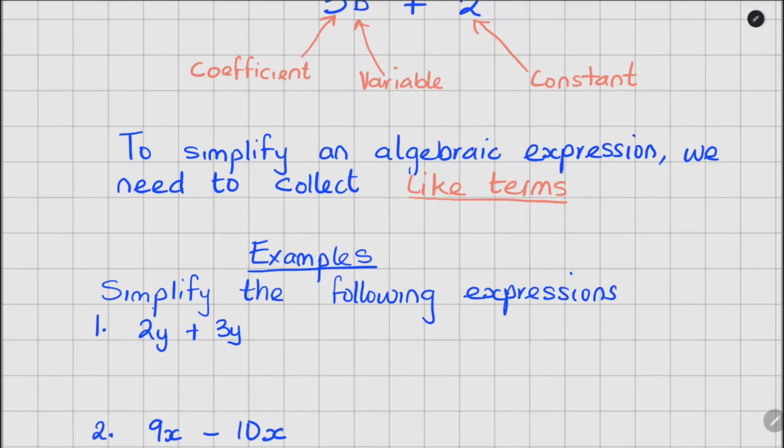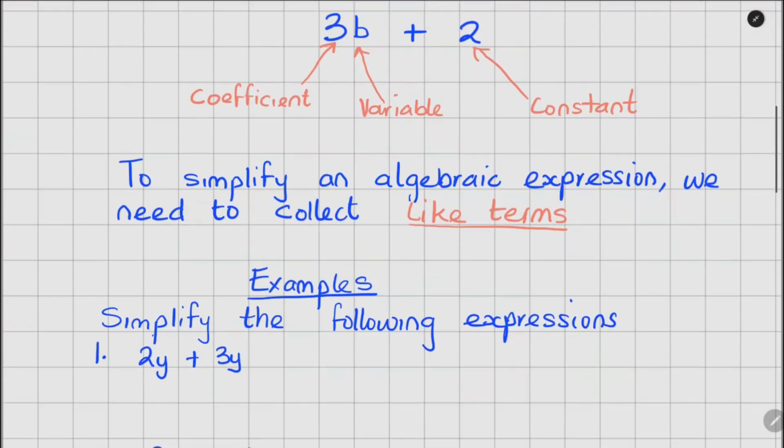You may begin to ask, what are like terms? Like terms are terms that look exactly alike. Tautology? Nah. What I really mean is, for 2 terms to be called like terms, they have exactly the same variable in the same power.